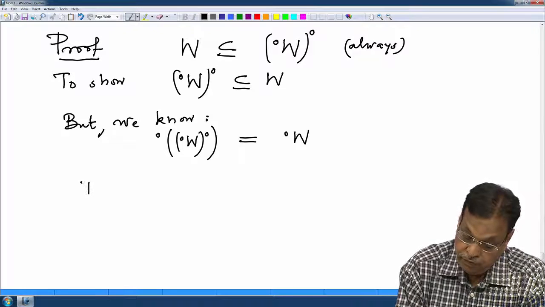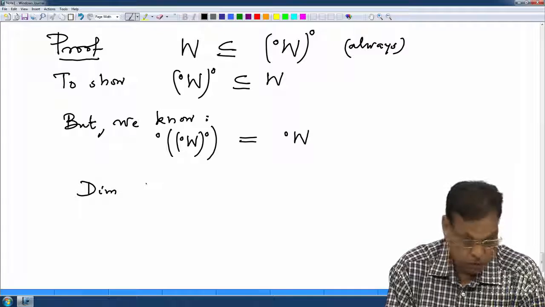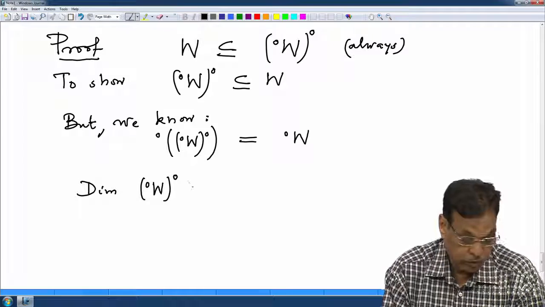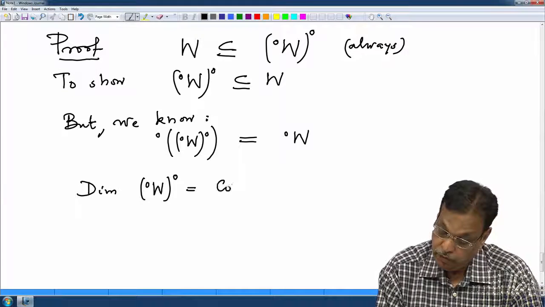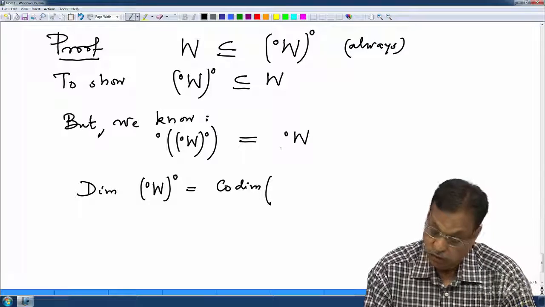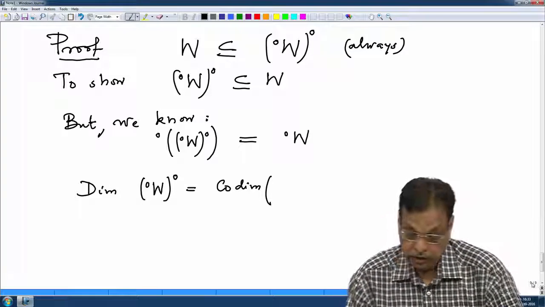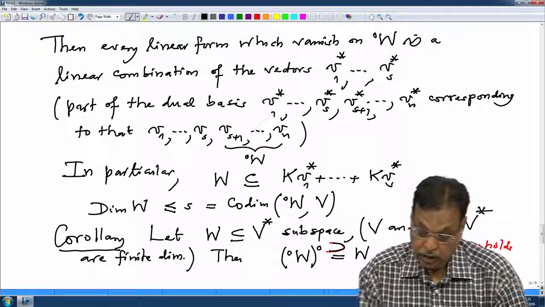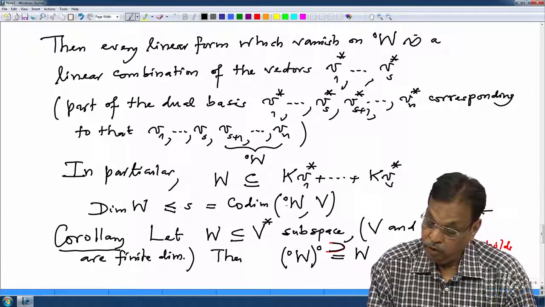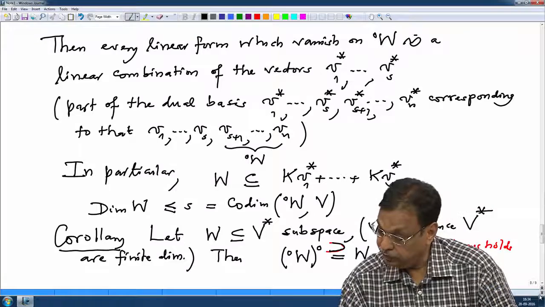Dim of left circle W and then right circle W is equal to codim of, because I want to apply what we just proved, W equal to this codim, I want to apply this equality.